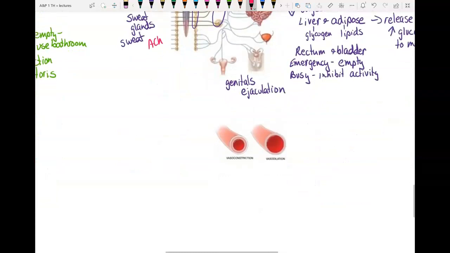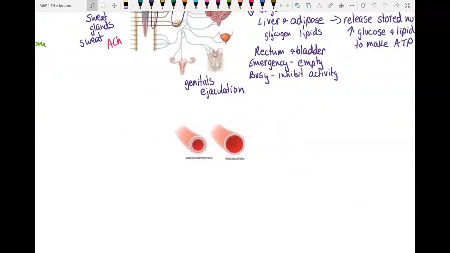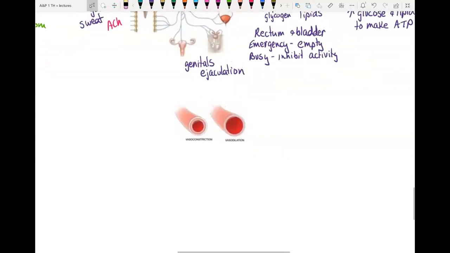Then we have blood vessels, and depending on where the blood vessel is, it will dilate or constrict. So sympathetic, remember, if you increase your sympathetic activity, most blood vessels will constrict.